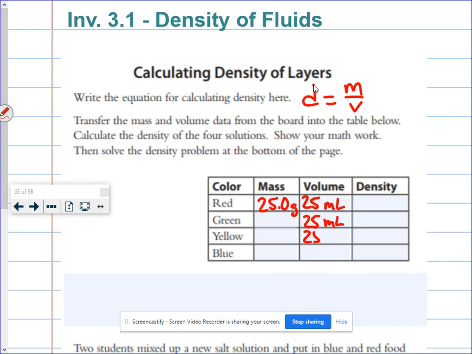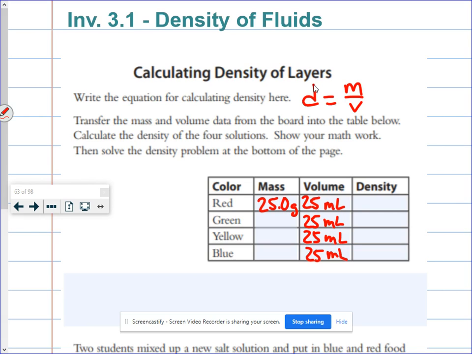Remember, all of the samples that I had done were all exactly 25 milliliters. All right. So the red weighed 25 grams. Now it does say 25.0. I'm going out 1 decimal place because that's what it says on my scale. So I want to include that.